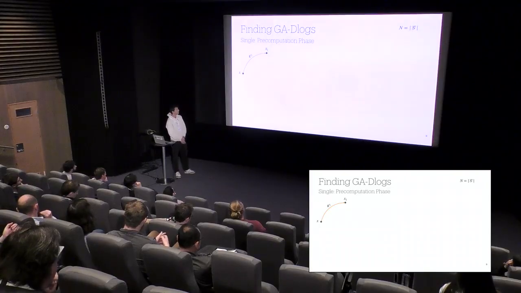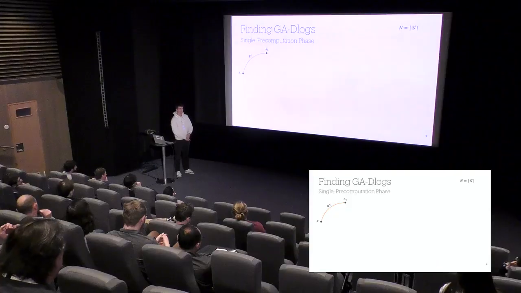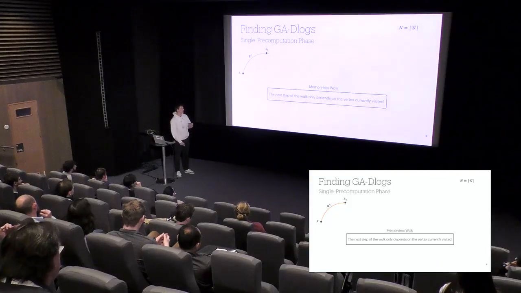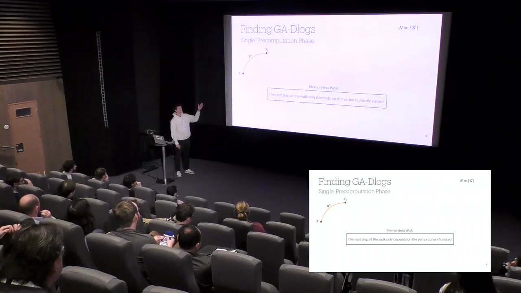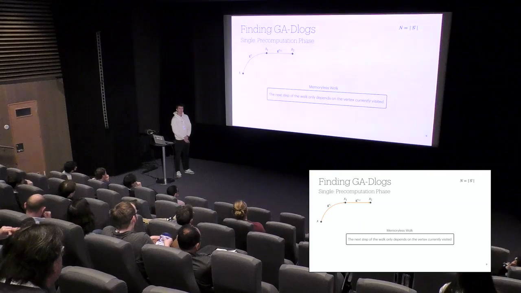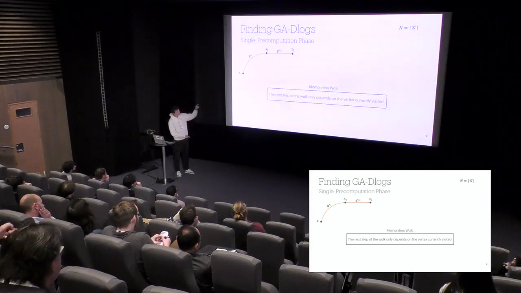Now from this point on, we want to perform a memoryless walk using the action. And memoryless means that the next step only depends on the currently visited vertex. So now the next step will only depend on X1. Right, so we might land on X2, and we want to repeat this process n to the 1/3 times, where n is still the size of the group.